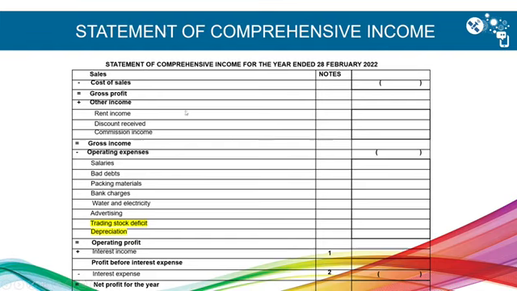So we start out with the sales. Why sales? Sales will be the first item that appears in the nominal section. So if we look at the statement of comprehensive income, it is primarily information from the trial balance that appears in the nominal section. Recall that the trial balance has two sections, the balance sheet section, and it also has the nominal section. Right, so let's look at our format.